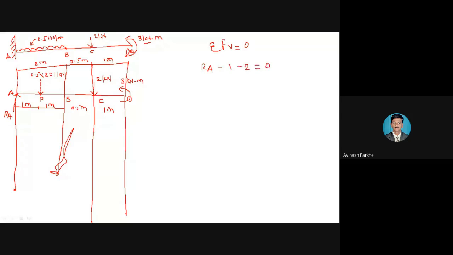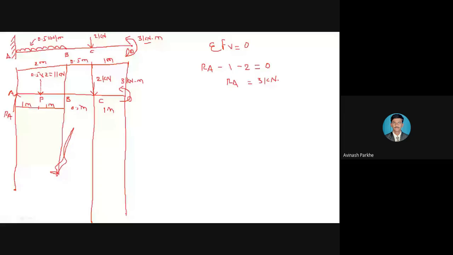Don't take the effect of couple in reaction calculation because the unit of the couple is kilonewton meter, but for summation of vertical forces, the unit of the forces is only kilonewton or newton. So we have to take only forces. Don't take the couple. Therefore, you will get the reaction RA is equal to 3 kilonewton.